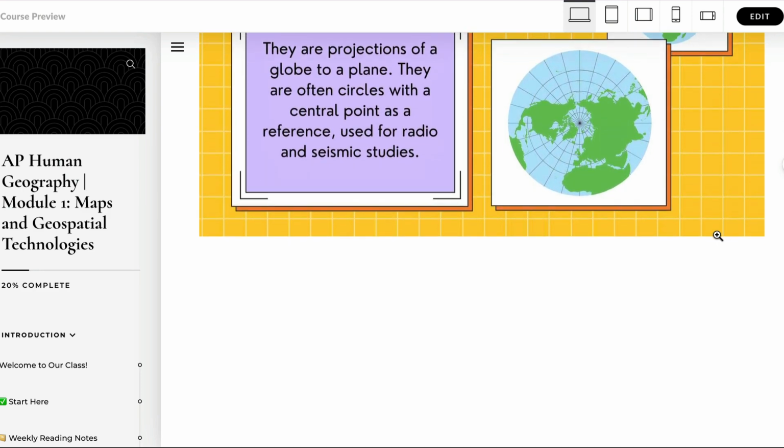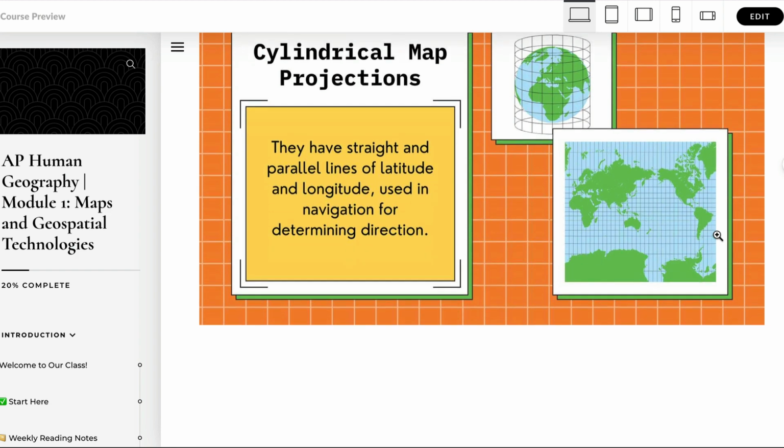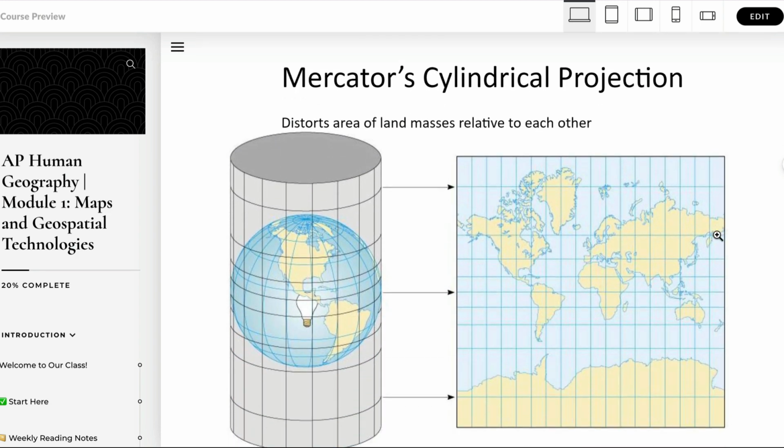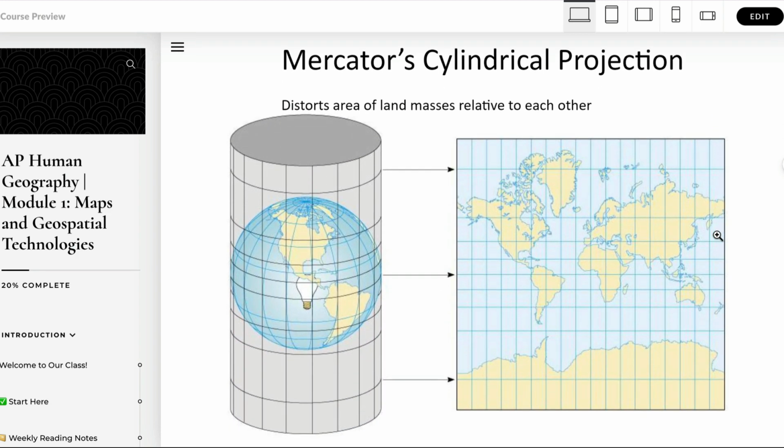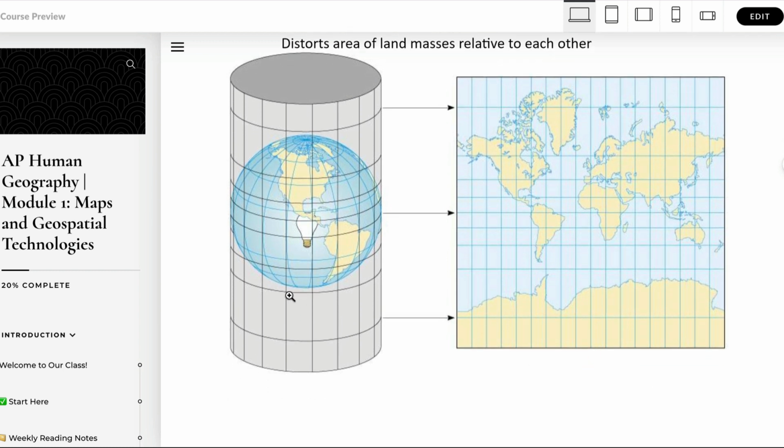The main ones I see on the exam typically are Mercator, the cylindrical map projection. It distorts the area of land masses relative to each other. Think about wrapping a flat piece of paper around the globe. It makes the areas at the poles look enormous because look at how wide it is there.